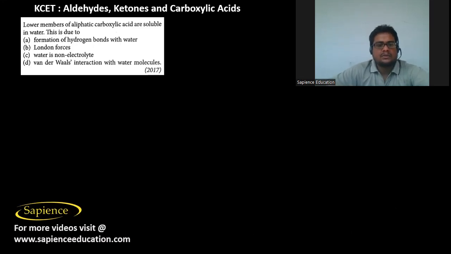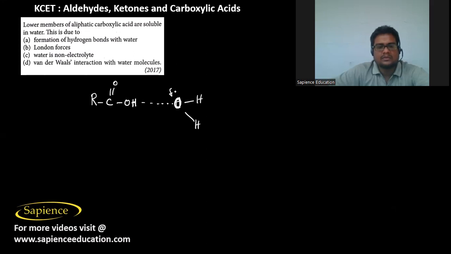And here it is told lower members of aliphatic carboxylic acid are soluble in water. The reason is the formation of hydrogen bonds with water. So for example, if you have RCOOH, which is the aliphatic carboxylic acid, it can form hydrogen bonds with water.